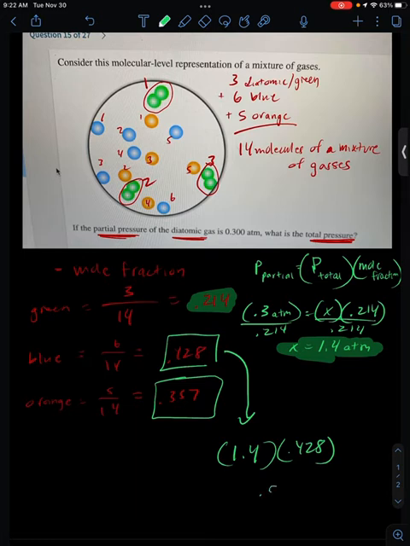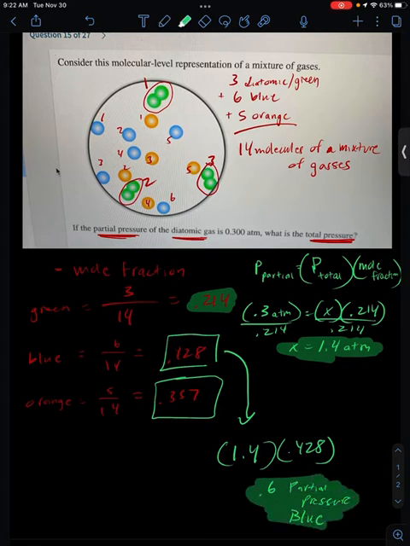So I'm just going to say 0.6. So 0.6 would be the partial pressure of blue. And then for orange, we would have 1.4 times 0.357, we would get 0.5.